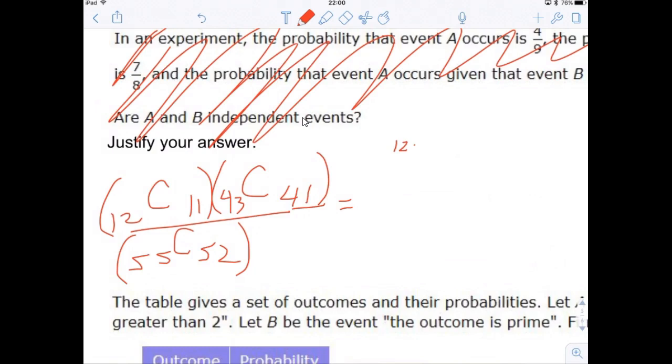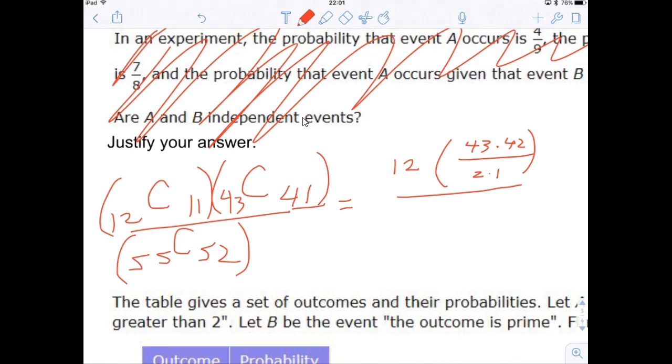Actually, 12 choose 11 is going to be just 12. 43 choose 41 is 43 times 42 divided by 2 times 1.